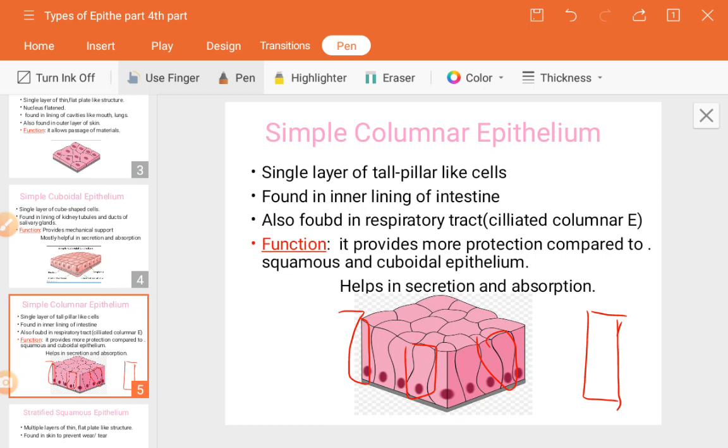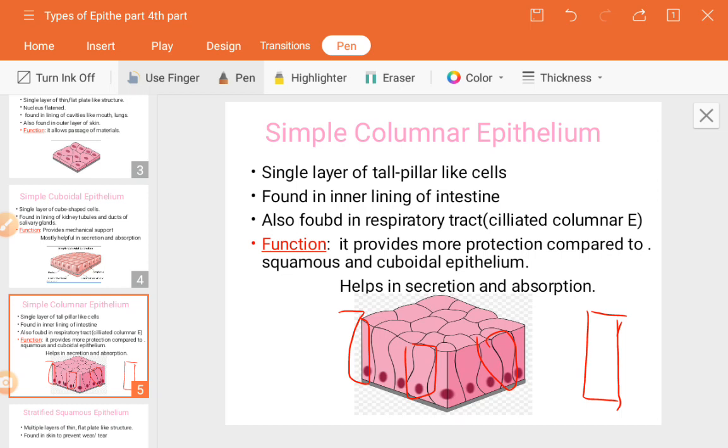So we will see here, that's why the point is here. They are also found in the respiratory tract. The respiratory tract starts from our face, the nose, which is connected to the inside, okay. The nose is the first portion of the respiratory tract. We will see the respiratory tract and its different parts in detail in the 10th standard. The nose has a number of hairs inside in the skin, okay.